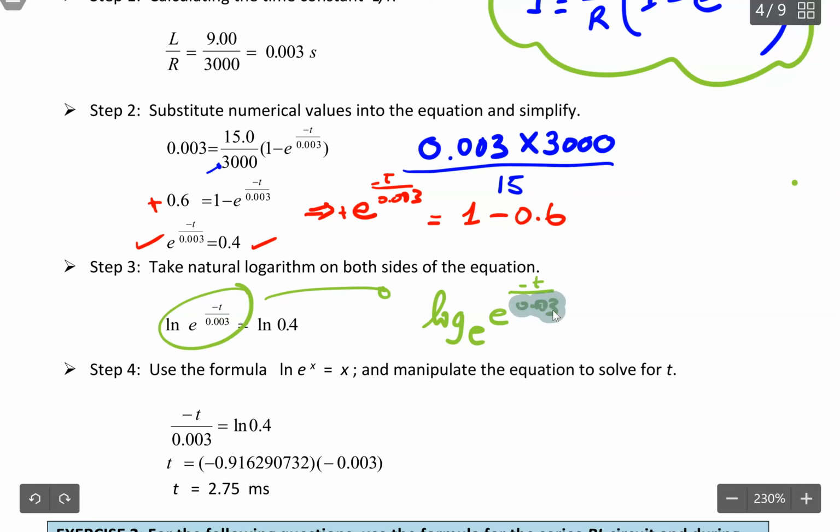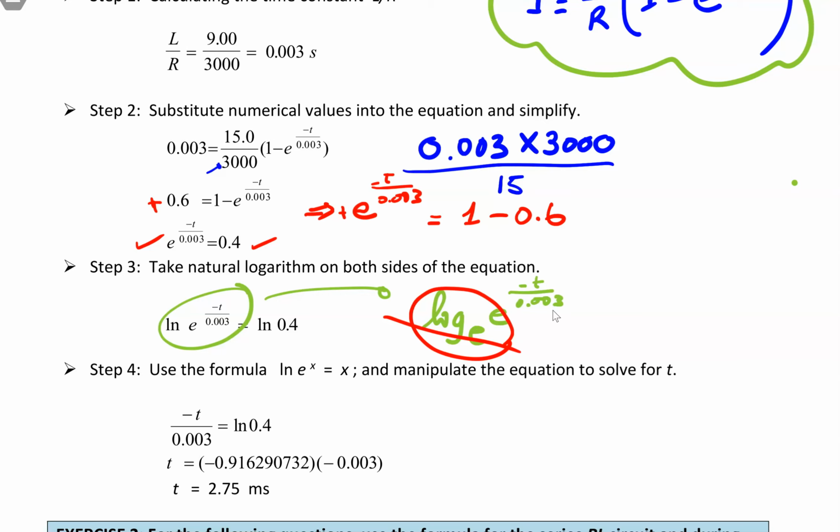I make sure that I write it properly. So now you see this process, this can be eliminated according to what we learned in the previous class. So you eliminate the entire thing. Now your exponent, the unknown, becomes a simple linear equation for you to solve for t.